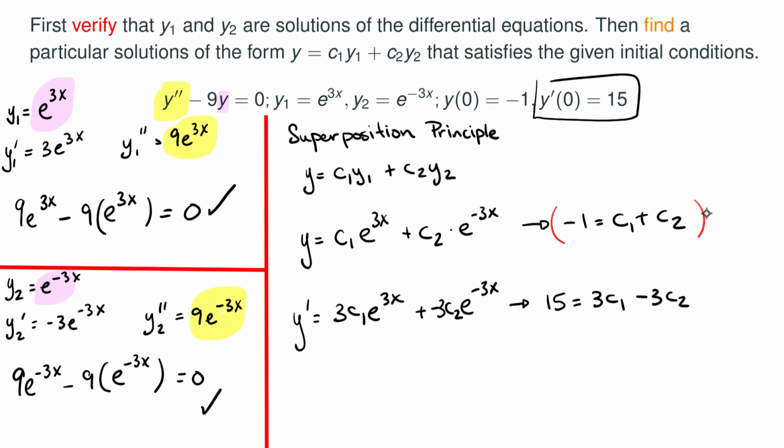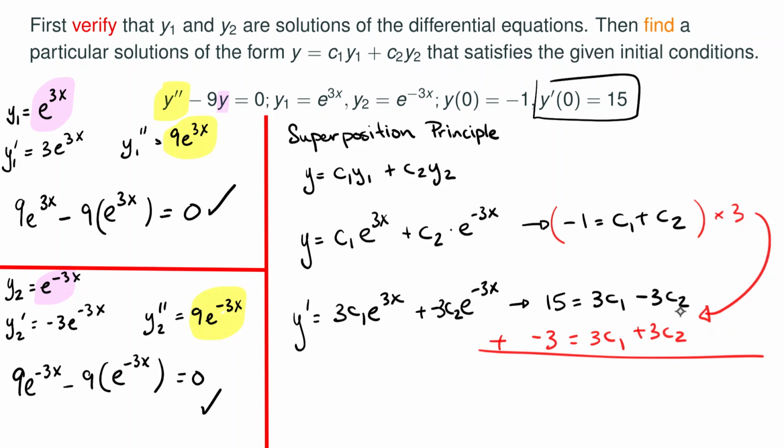If I multiply this one by 3, that gets me negative 3 equals 3c1 plus 3c2. Add the two equations together. We see the c2's cancel, and we end up with the equation 12 equals 6c1. That means c1 is equal to 2. Now we can plug this back into the original equation and find what c2 should be.